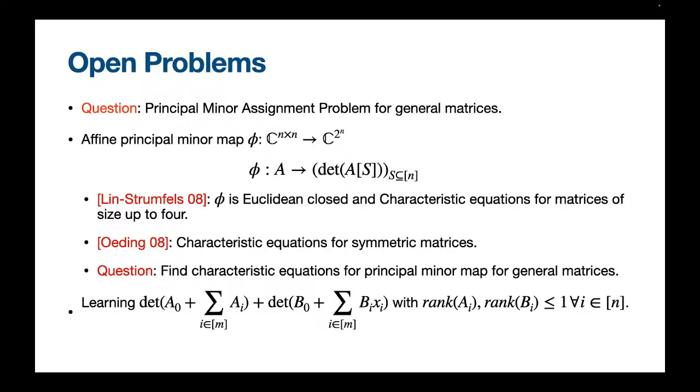Lin and Sturmfels showed that this affine principal minor map is Euclidean closed, and they also gave characteristic equations for matrices of size up to 4. And in the same year, Oeding gave characteristic equations for symmetric matrices. So a general question would be: can we give a set of characteristic equations for principal minors of general matrices?